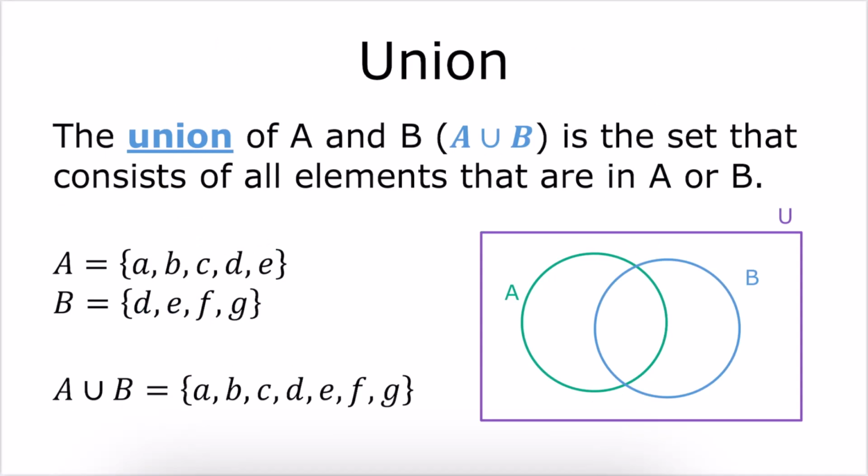The union of A and B, which we write like this, is a new set. This right here is going to be the name of the new set that we're creating.